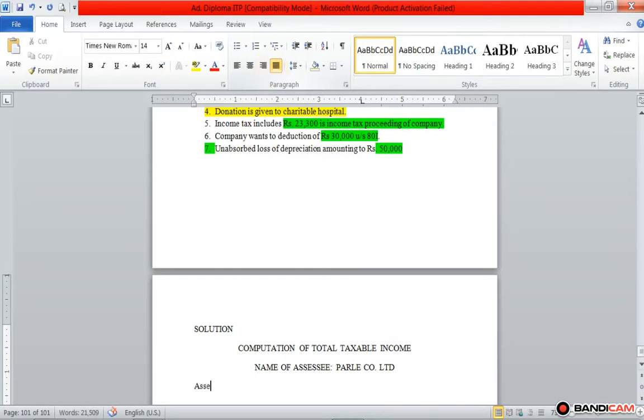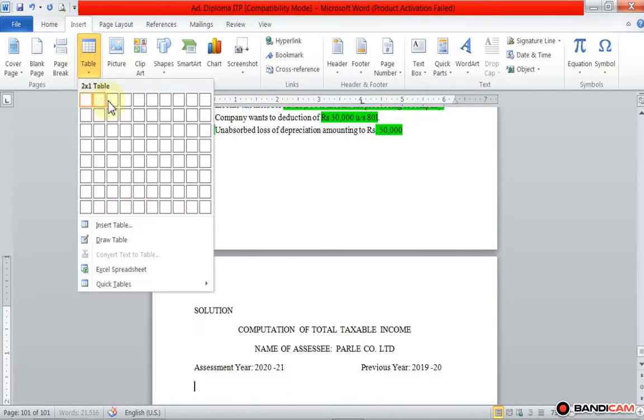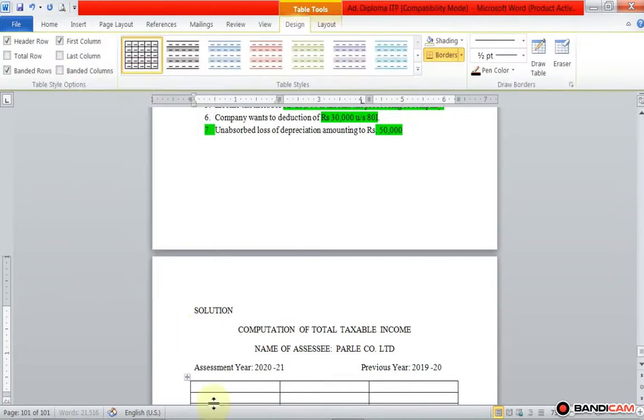Assessment year 2020-21, previous year 2019-20. Then prepare three columns: particulars, rupees, and rupees.